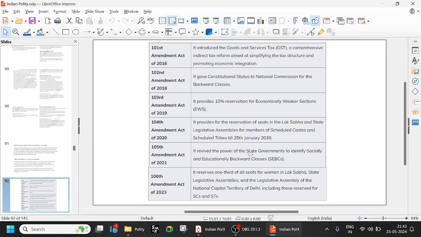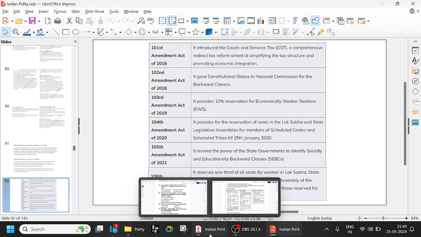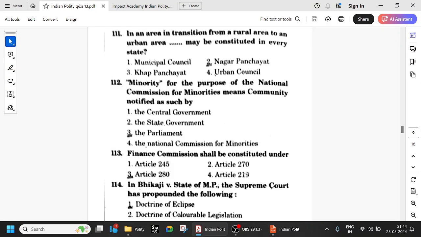It is the 105th, which revived the power of the state governments to identify socially and educationally backward classes. But when it comes to the National Commission for Minorities, the community means notified as such by the Parliament. So the Parliament has the authority to notify a particular community as a minority.